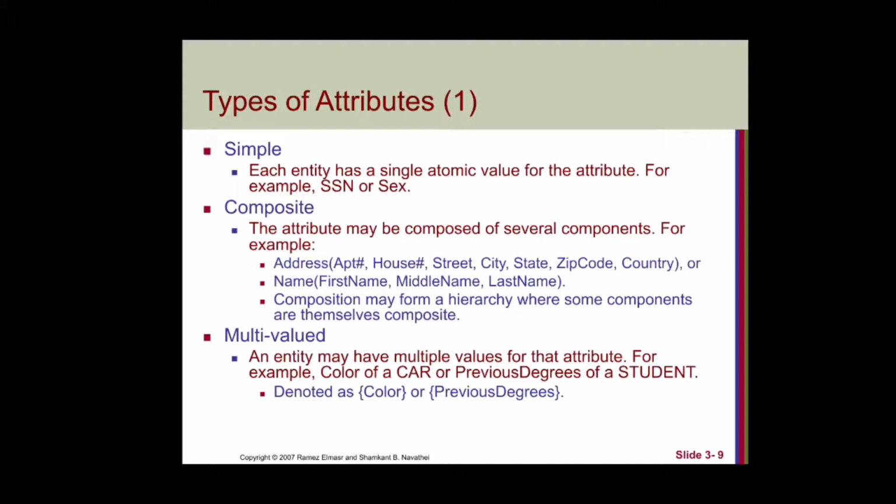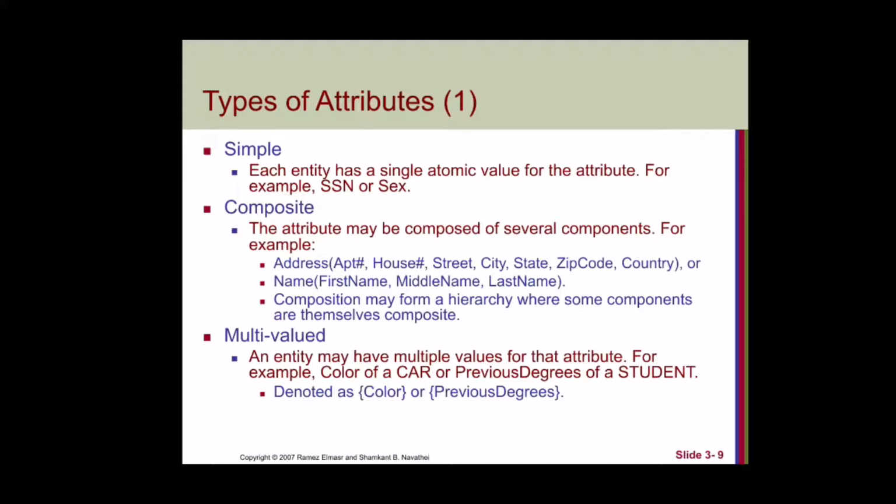Then we have multi-valued. A multi-valued attribute is an attribute wherein an entity may have multiple values for that attribute. For example, color of a car. We might have some car which is fully black, white, or red, all these things, right? But apart from that, there might be some cars which are multicolored, right?